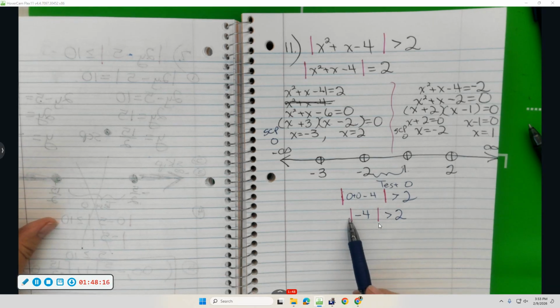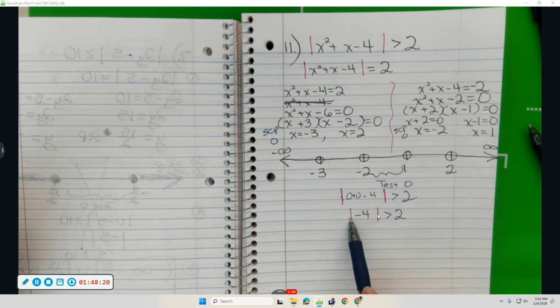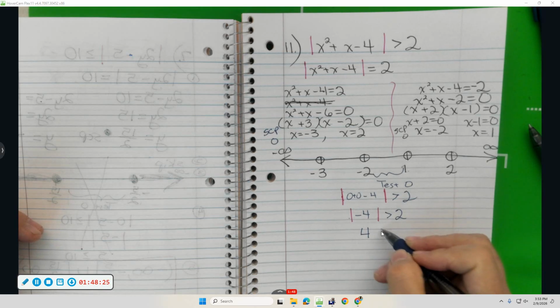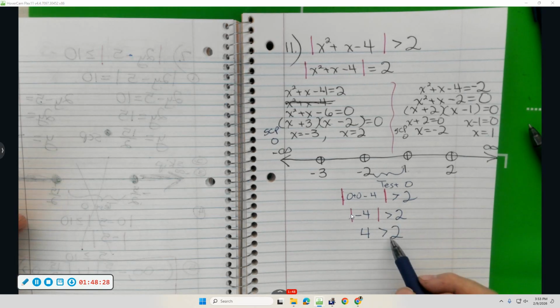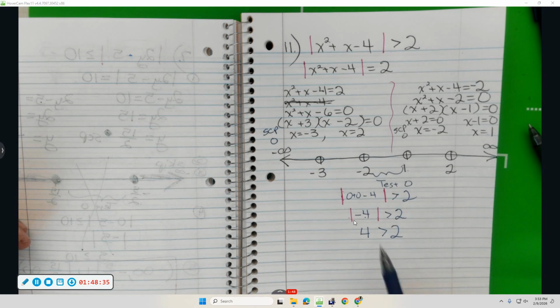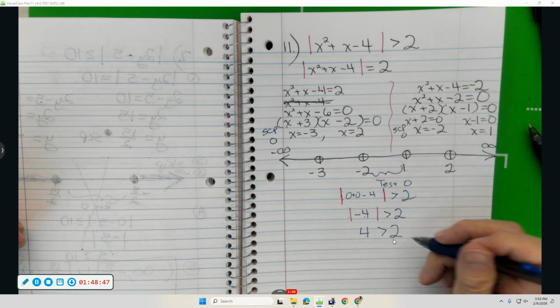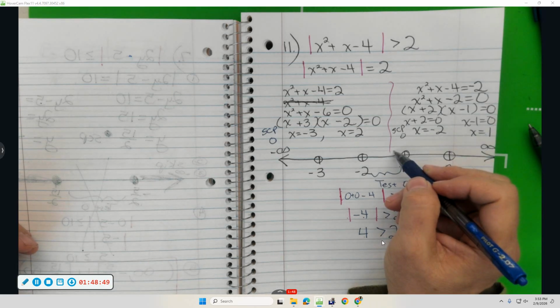We're not through. What's the absolute value of -4? +4. Before you decide true or false, you better find that absolute value. Because here, -4 is bigger than 2, false. But it's not -4. It's the absolute value of -4. The absolute value of -4 is a +4. 4 is greater than 2. True. So we shade.